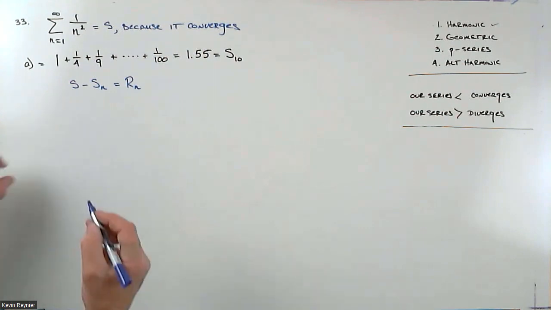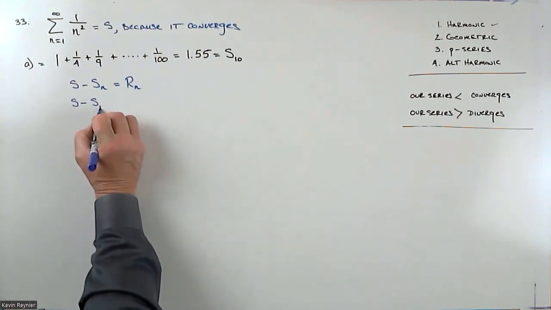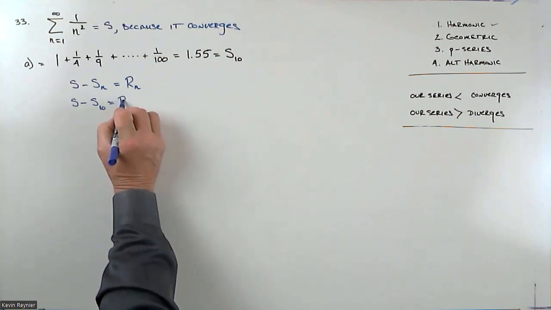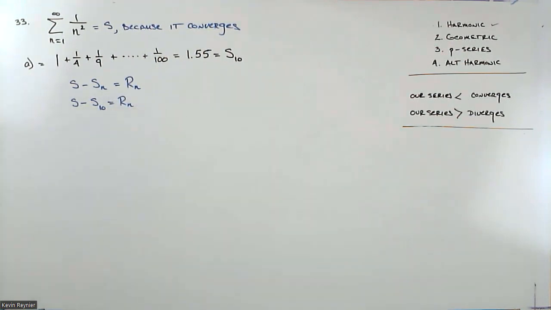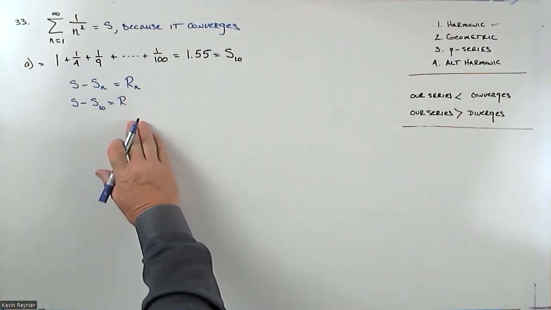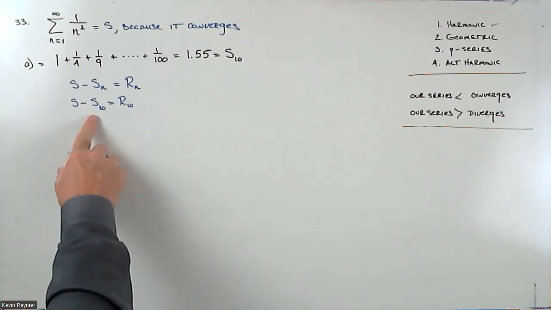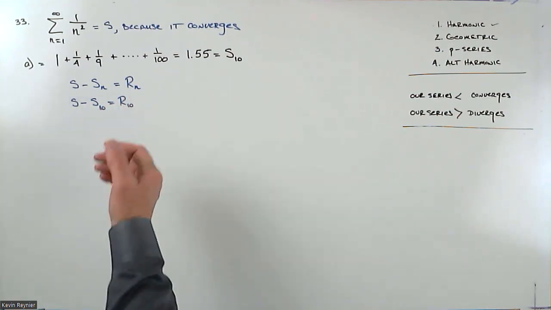But if I take S and I subtract S sub 10, what's left is going to be R sub 10. It's going to be the error, if you want to think about it that way, or the remainder, if you like that phrase better, between the actual sum and our sum. And the question 33 is asking is, how good did we do?